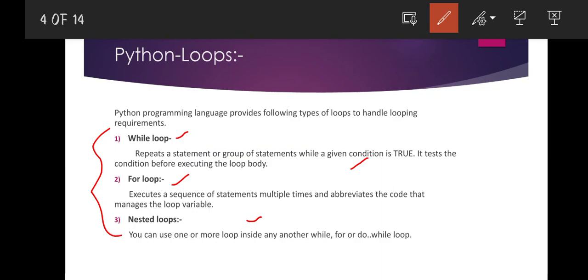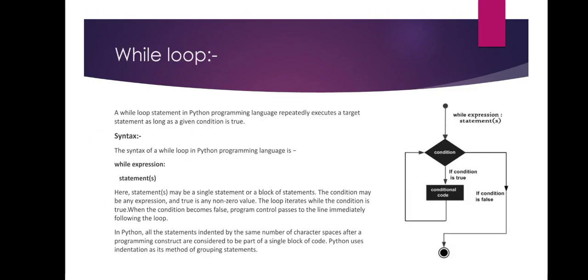First one is the while loop. A while loop statement in the Python programming language repeatedly executes a target statement as long as a given condition is true. Until the condition is true, it executes the block of statements inside the while loop. Whenever the condition becomes false, it comes out of the loop.